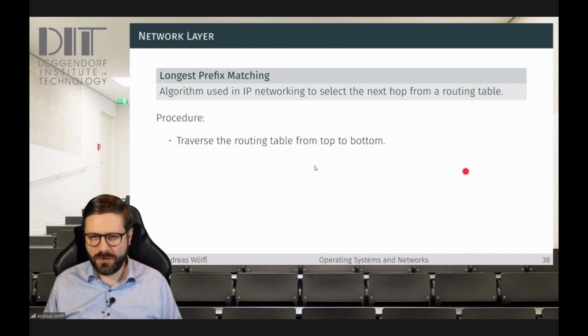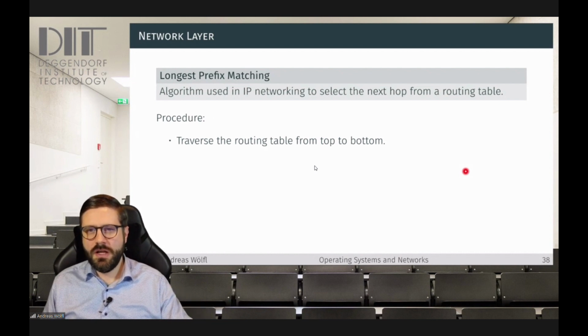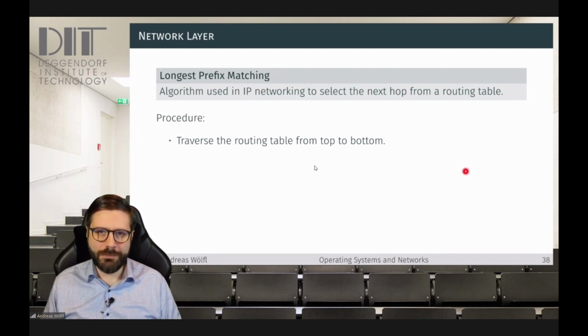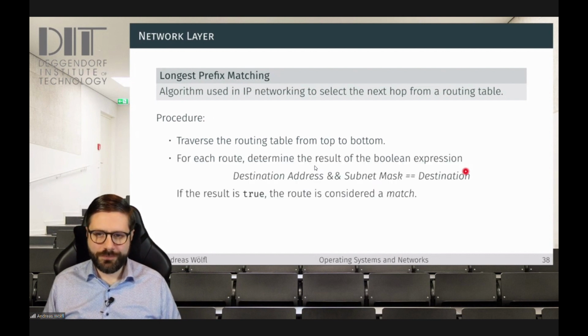The procedure is as follows. We go from top to bottom. We start at the first row and then go row by row until we hit the bottom of the routing table. Rows in a routing table are also called routes. For each route, we calculate this Boolean expression.